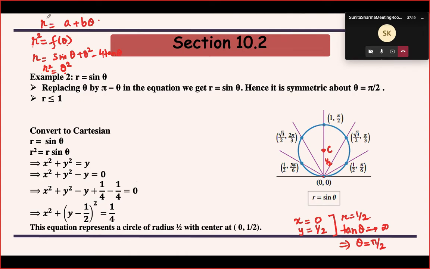Or further, if you have r square equals some theta square, then you will get an idea. Once I do r square equals f theta graphs, then you will get to know how this can be solved. So this is the different type which we can do.